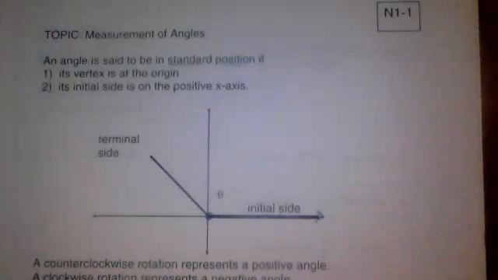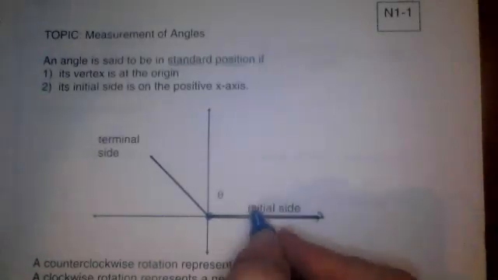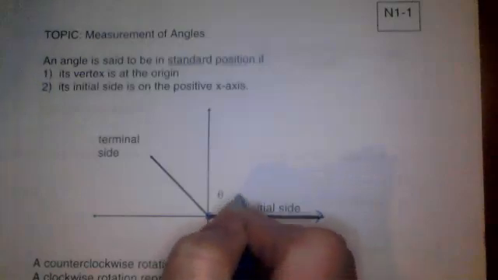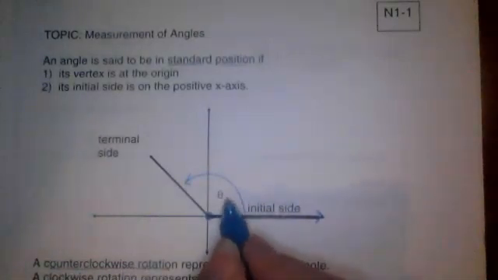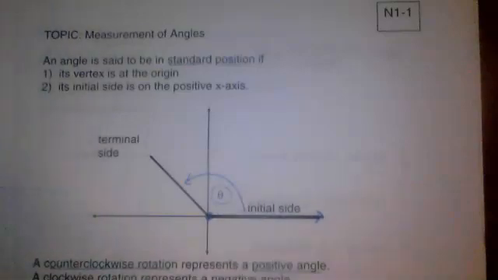Okay. Now, once we've started there, we're going to measure these angles going in a counterclockwise rotation. A counterclockwise rotation is a positive angle, and that angle we're going to refer to most of the time as theta.